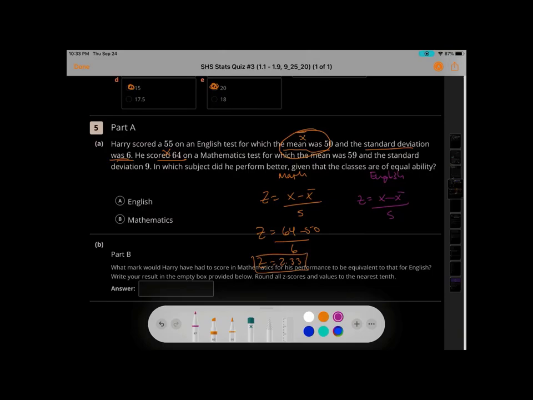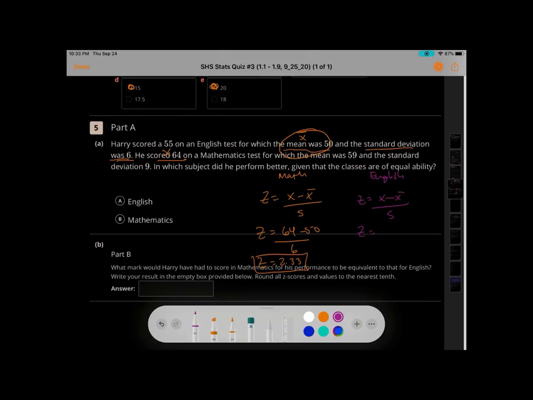And then we do the same thing for the English. The score of... wrong. I did the wrong scores. Oh yeah. Okay, let's just do English.